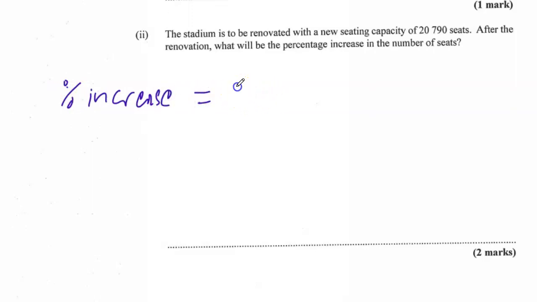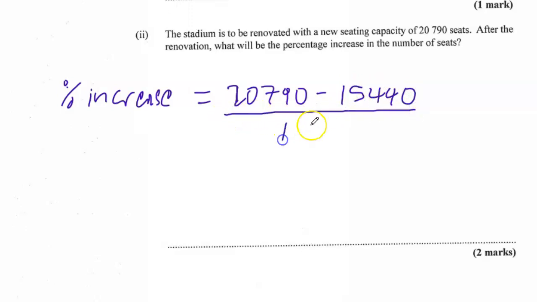Remember, the original amount was the difference, which will be 20,790 minus the original amount, 15,440, upon the original amount, which is 15,440. And within percentages, so it's times 100.